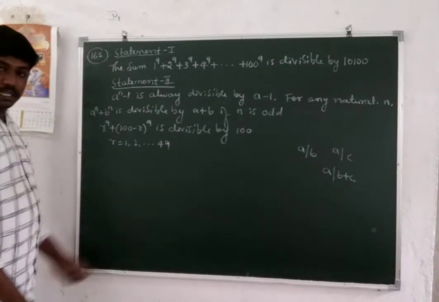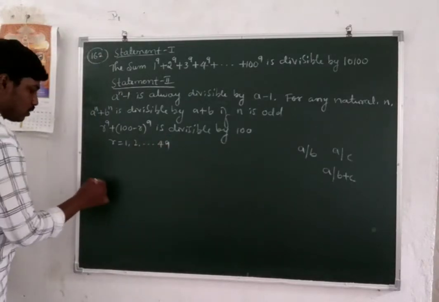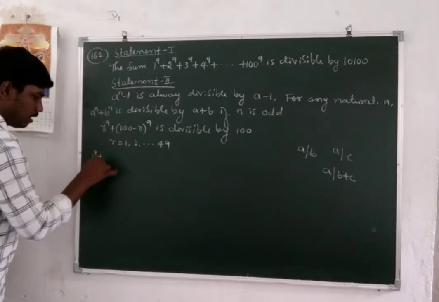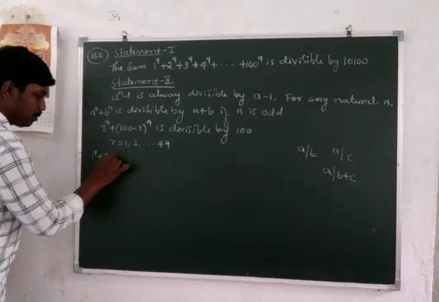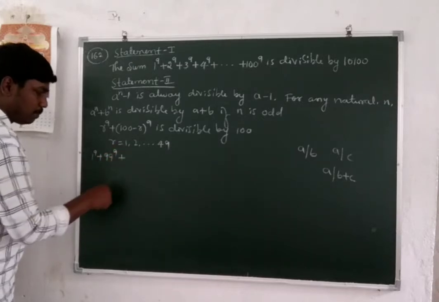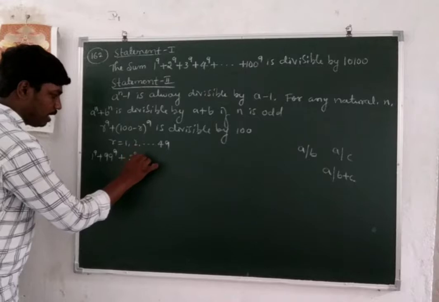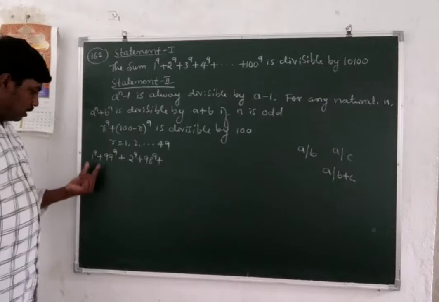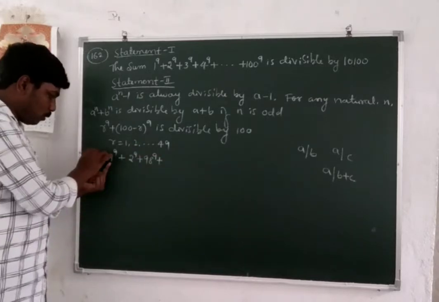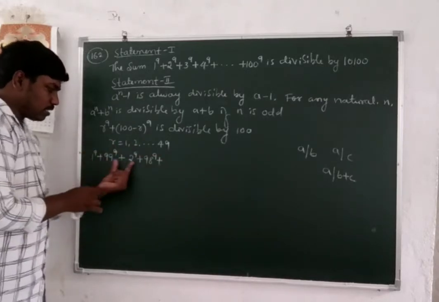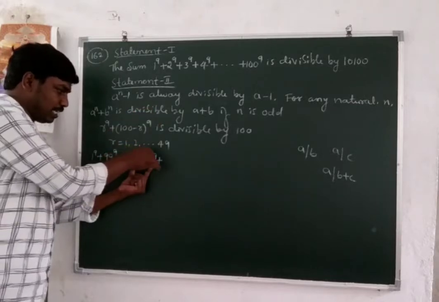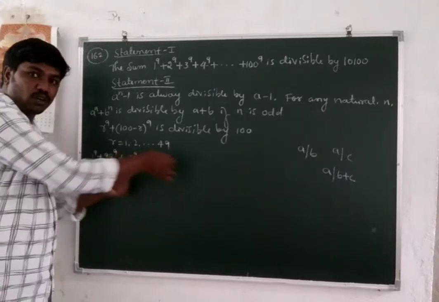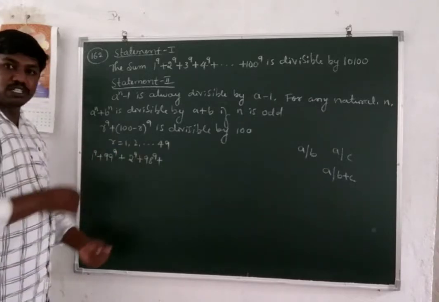Using this, substituting r equal to 1: 1 power 9 plus 99 power 9 is divisible by 100. Substituting 2: 2 power 9 plus 98 power 9 is divisible by 100. So 100 divides the sum of 2 numbers, and likewise the sum of 3 numbers, 4 numbers, up to 49 numbers.